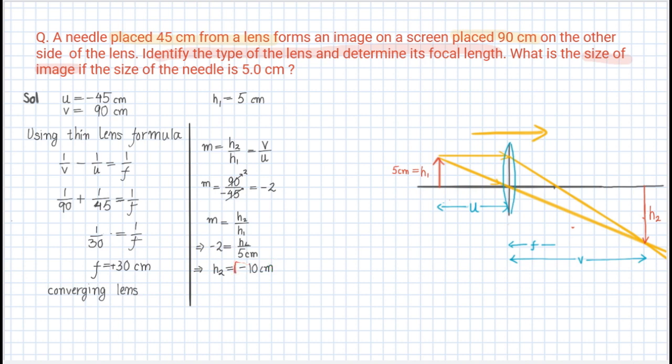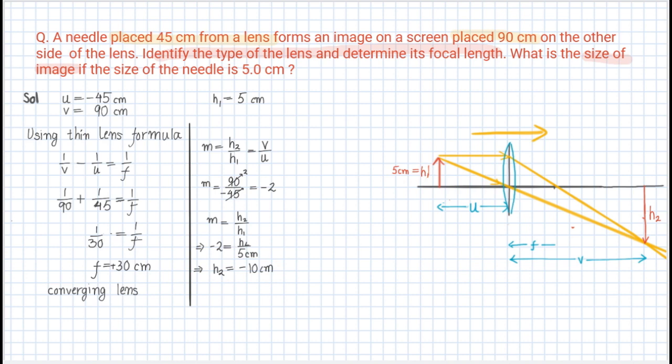What does this minus sign denote? It denotes that the image formed is in the downward direction and perpendicular to the principal axis. And one more thing, the size of the image formed is 10 centimeter, whereas the size of the object is 5 centimeter.